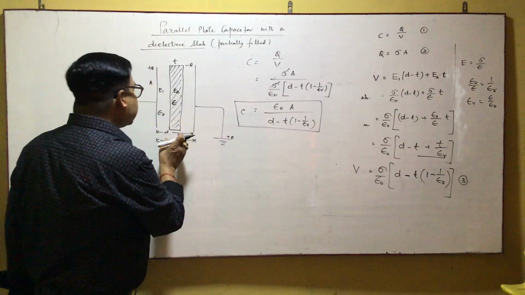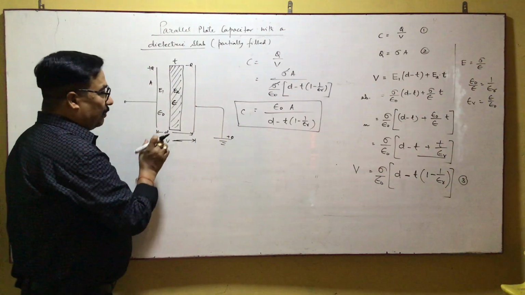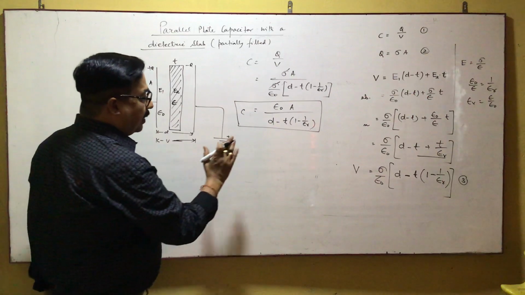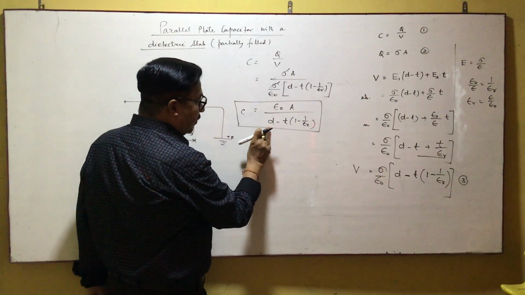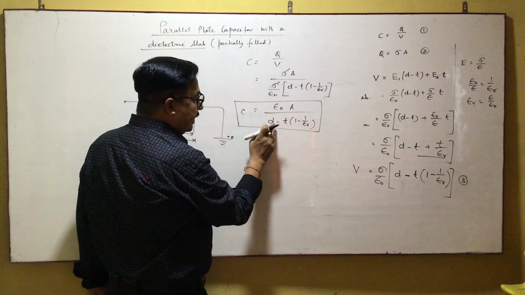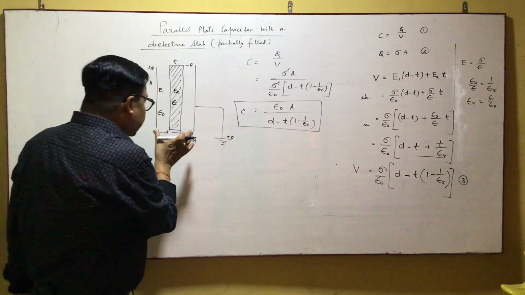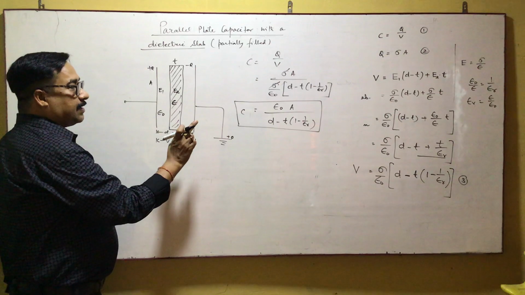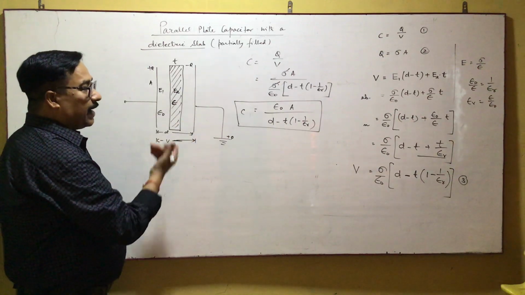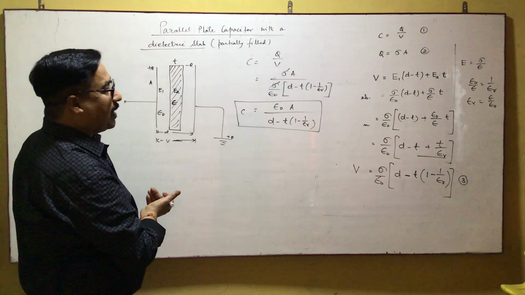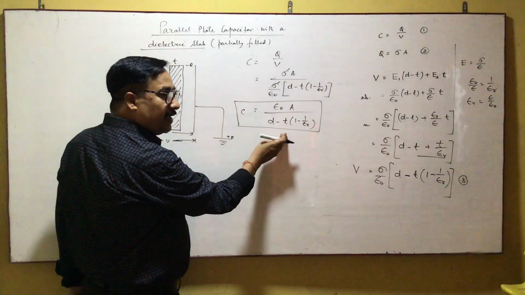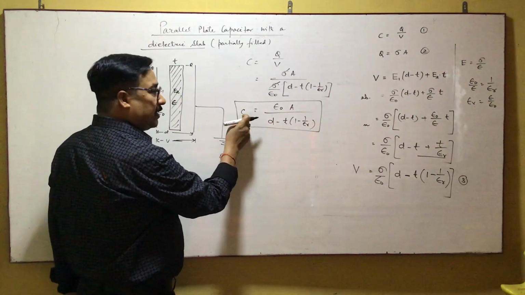What effect can we see from this expression? What is the role of this dielectric slab? By simply putting a dielectric slab, one can see the denominator is D minus T (1 minus 1 by epsilon r). So the effective distance D is now replaced by D minus T (1 minus 1 by epsilon r). As the denominator is reduced, the capacity increases.